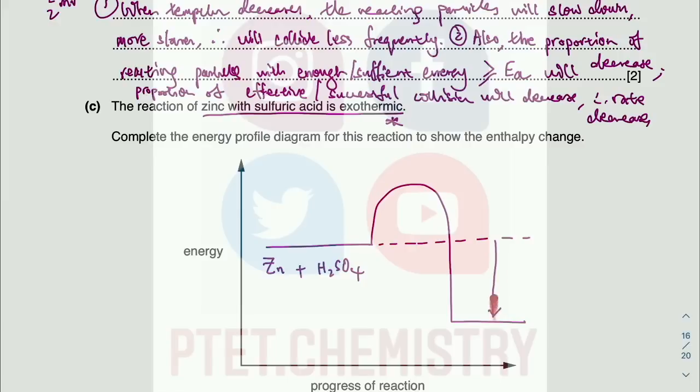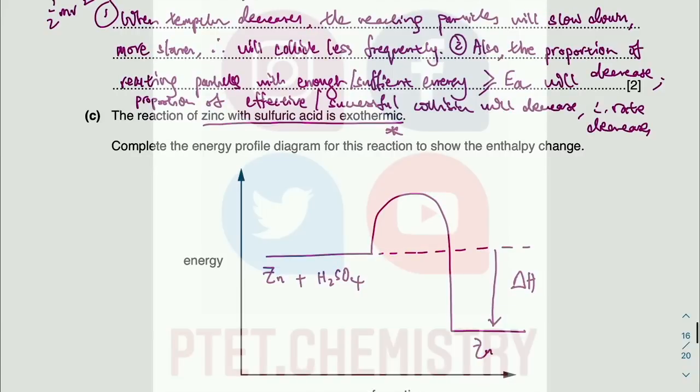You don't draw double-headed like that. Enthalpy change is always from the start to the end. It goes downward because the system, which is the reactant, lost energy. It released energy to the surroundings in the form of heat.